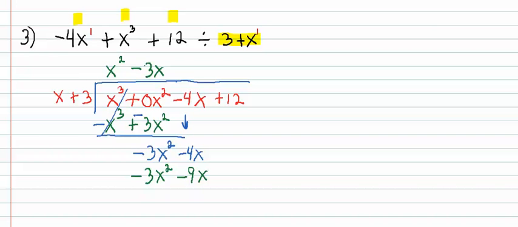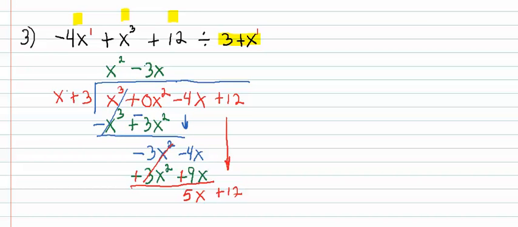Draw your line. Change your sign. So this is 0. I have 5x, bring down the positive 12.